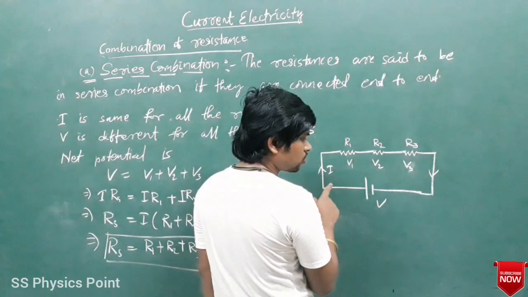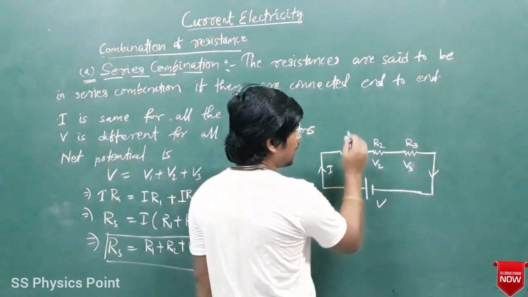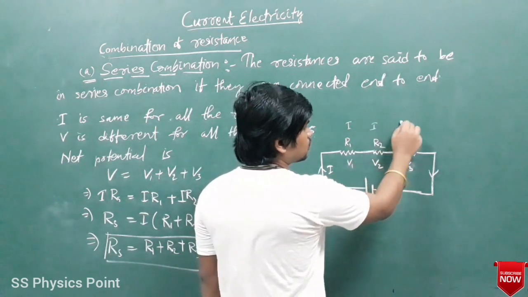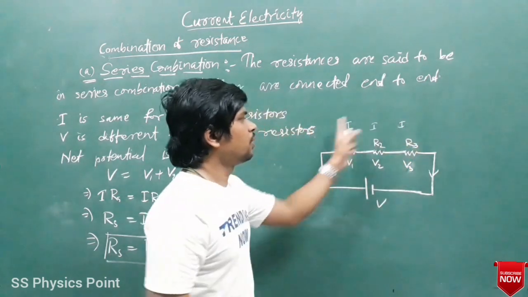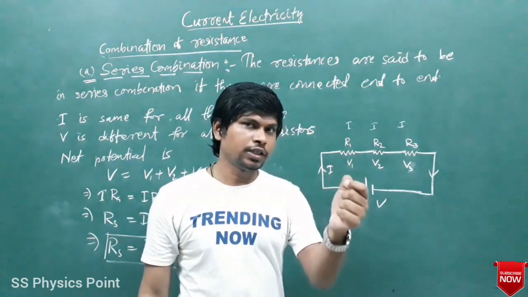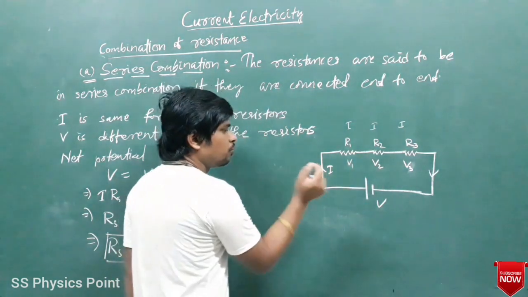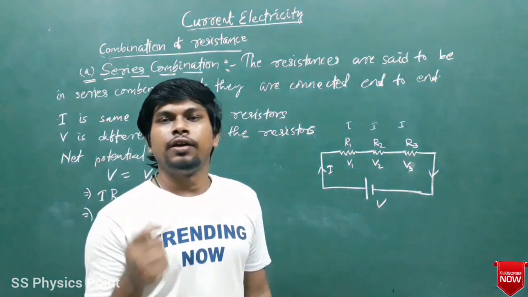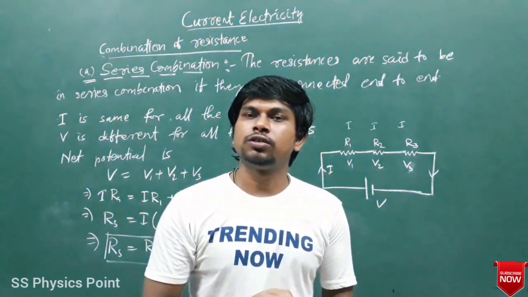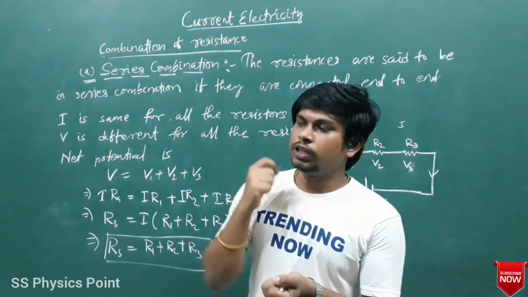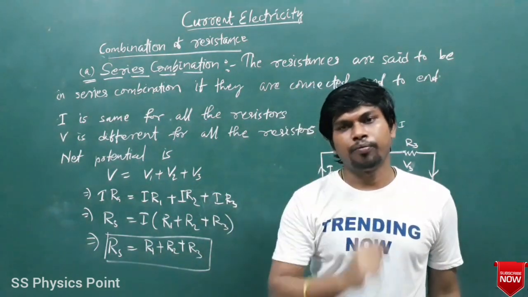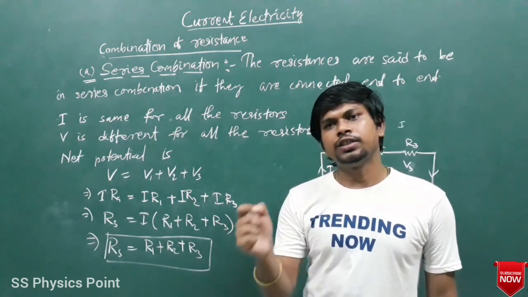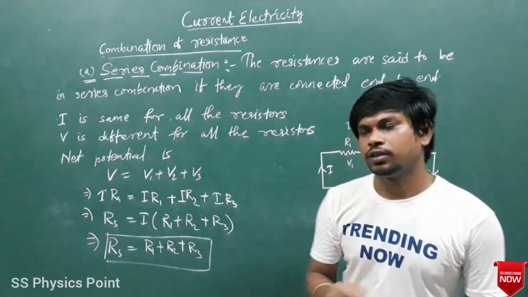That is, if the current flowing through the circuit is I, then through R1 the current is also I. Everywhere the current will be the same. Then what is the difference? The potential drop across each resistor will be different. In series combination, the current across each resistor is the same, while the potential drop across each resistor is different.